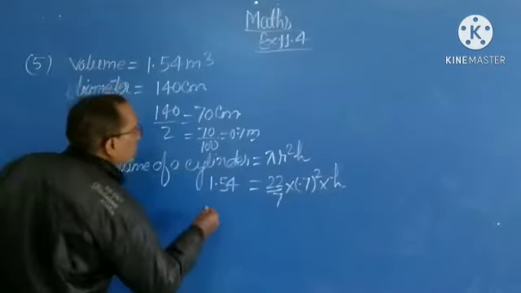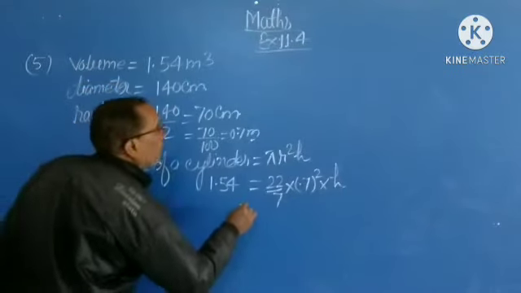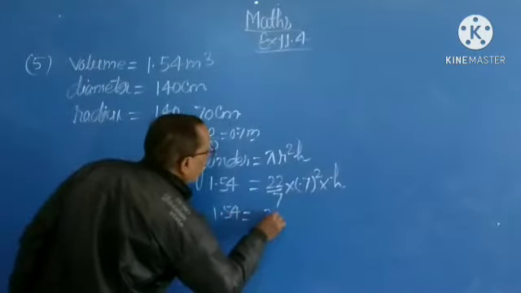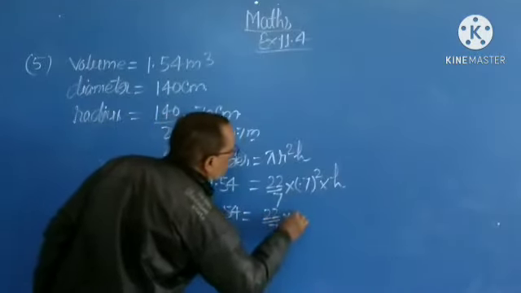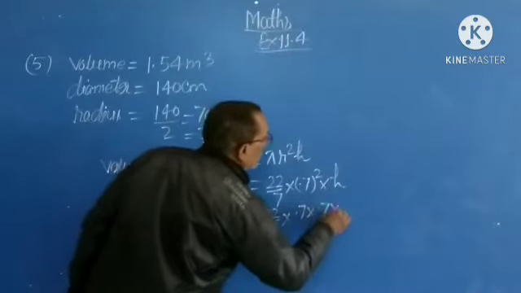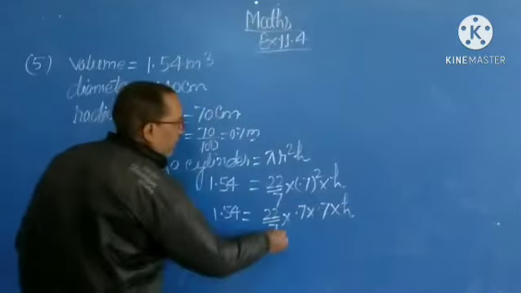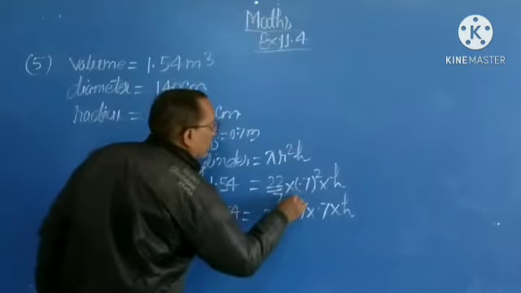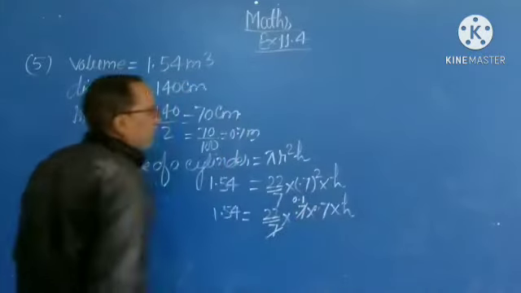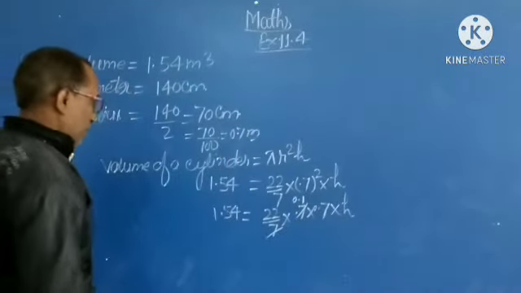You get 1.54 is equal to 22 by 7 into 0.7 into 0.7 into h. 7 is cancelled by this 0.7, and you write down 0.1.